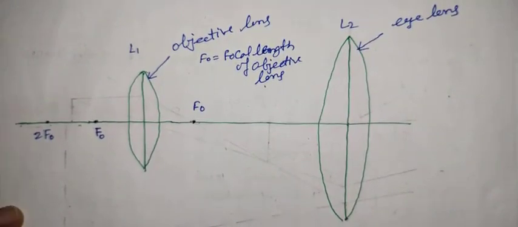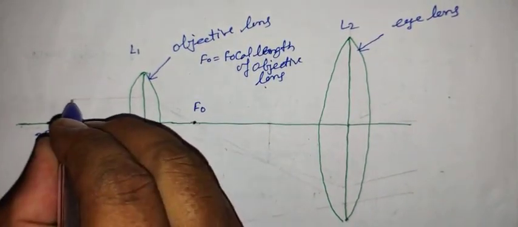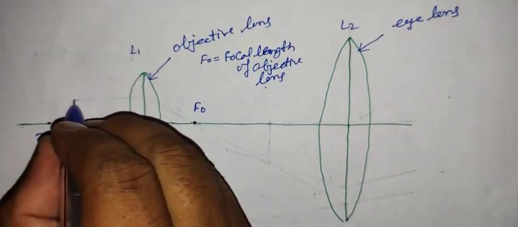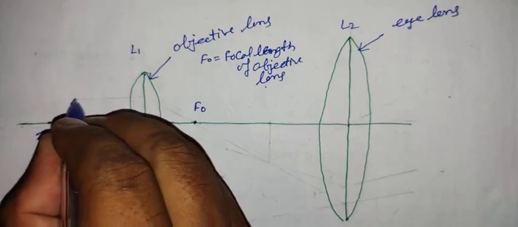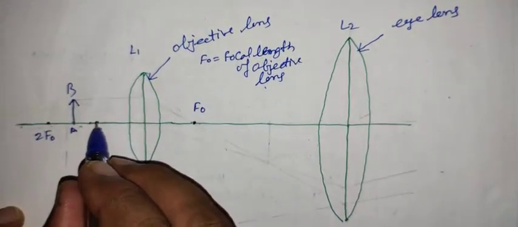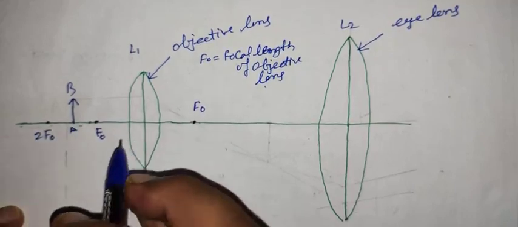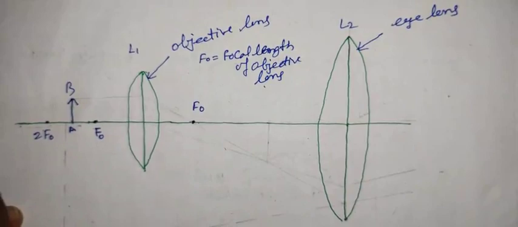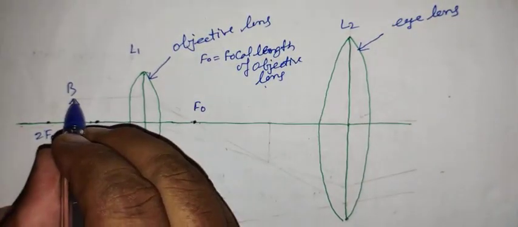See carefully. In the compound microscope, a small object AB we are taking at the midpoint of FO and 2FO. Let us make a diagram.